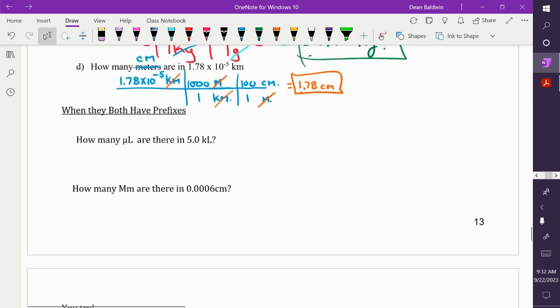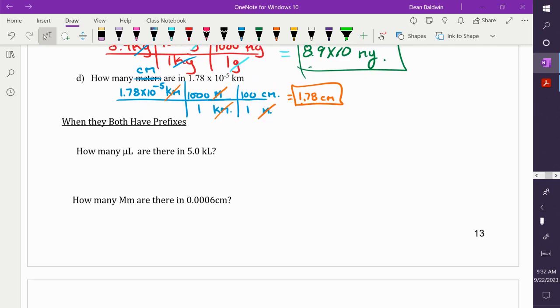So they both have prefixes. So same idea. Microliters in 5 kiloliters. What does kilo mean? Kilometer. How many meters are in a kilometer? 1,000. So kilo means 1,000.